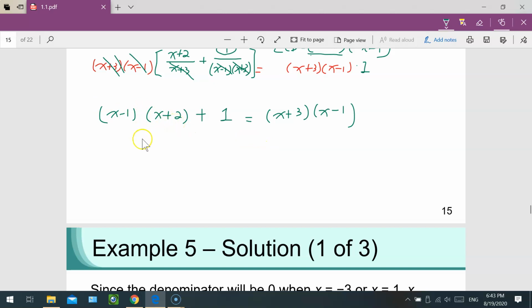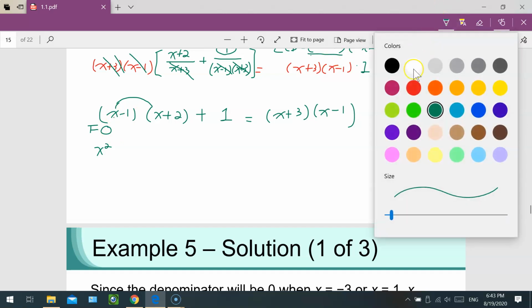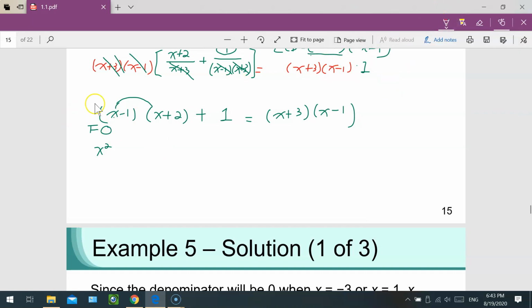So x minus 1 times x plus 2, we will have x times x, we get x squared. Here we can use FOIL, the first 2. The second letter would be O, the outside 2.